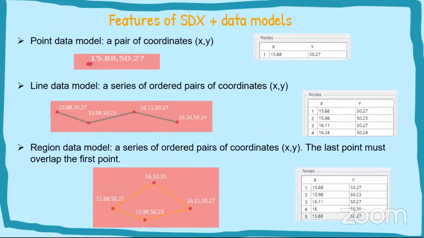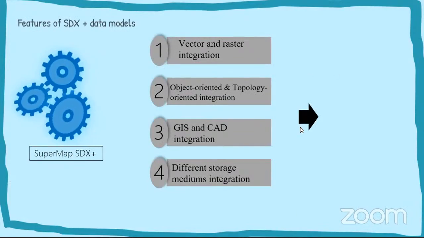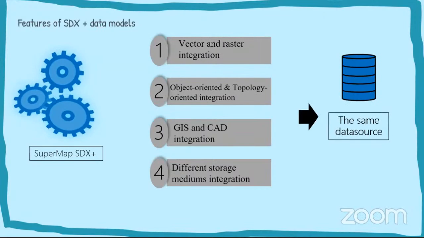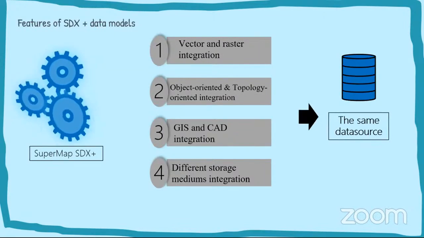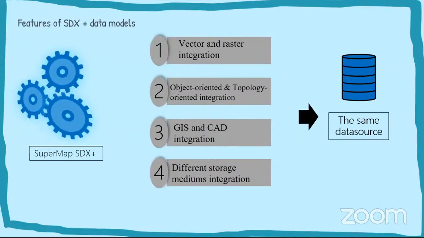SuperMap SDX Plus has technical features that help to store, access, index, and update spatial data. It supports a wide range of objects with various spatial object types, including simple spatial objects such as points, lines, polygons, and text.